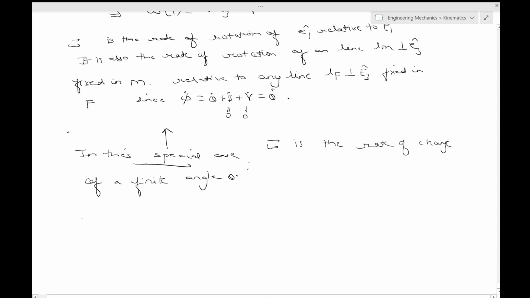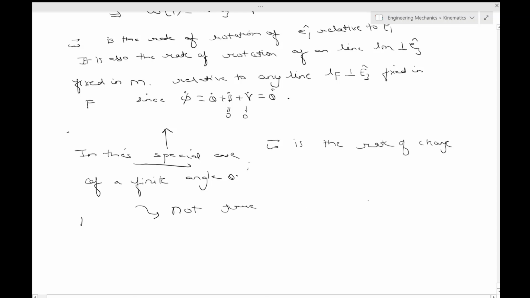Now if you have a general spatial motion, meaning not a planar motion like what we have been discussing, this infinitesimal rotation is not the small change in a finite angular measure. This is not true for spatial motion.